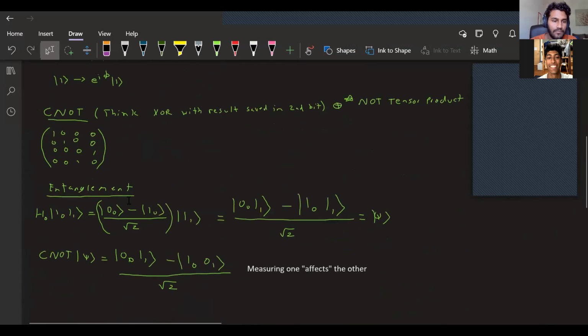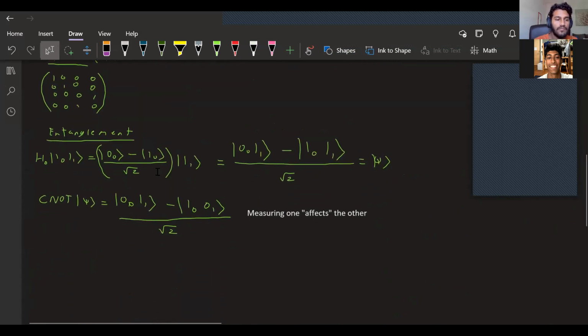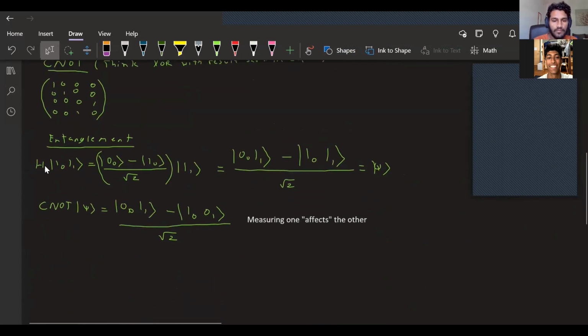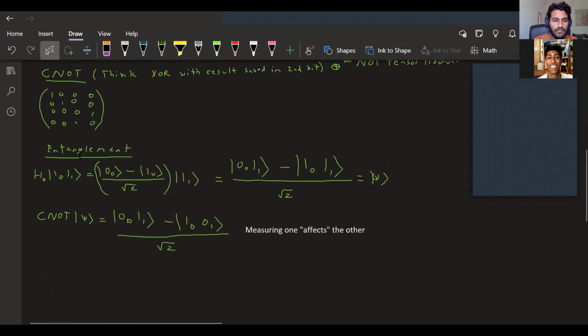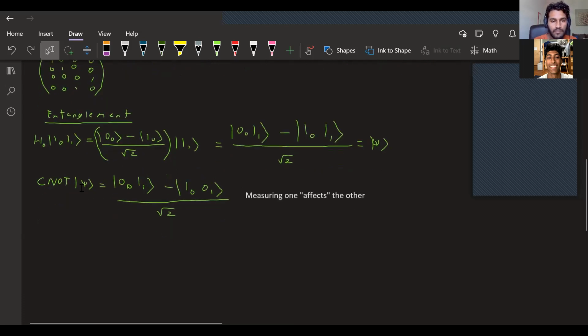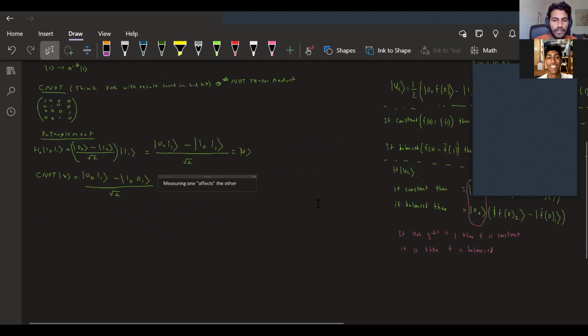And this is what entanglement does. You apply an H gate to 2 qubits, and then you apply an H gate to 1, and then you C naught them both, and then you have this entangled state.